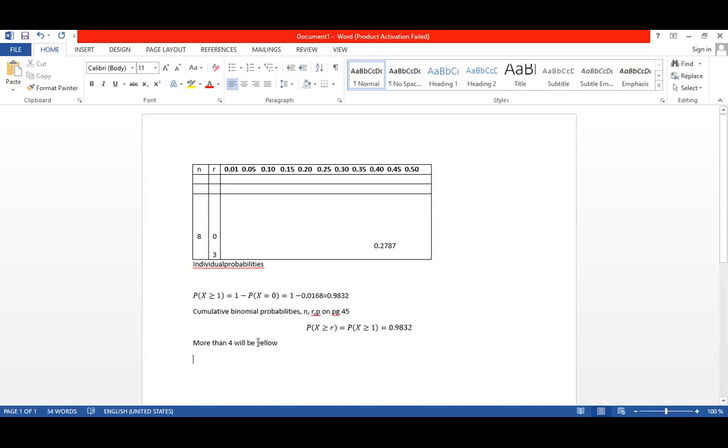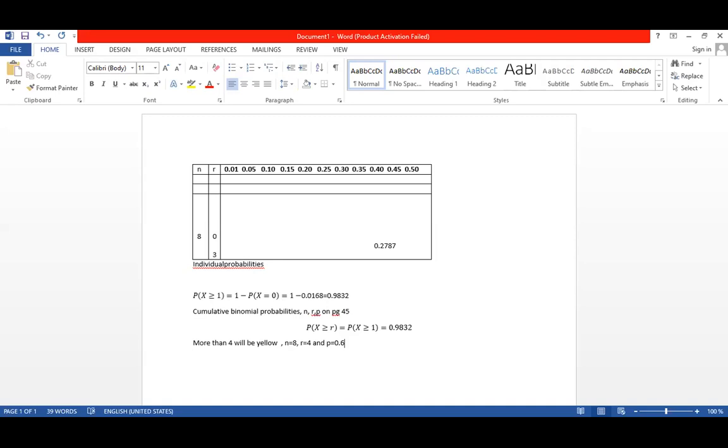And notice that the probability of success has changed now. It's no longer red. And you remember, N is still 8, R is 4, and P is now 0.6.